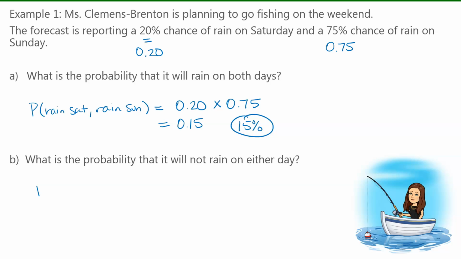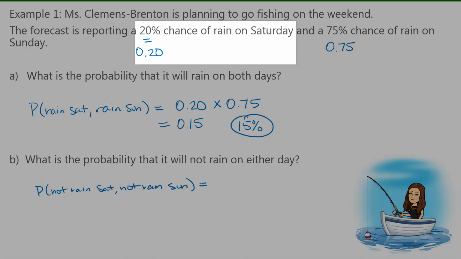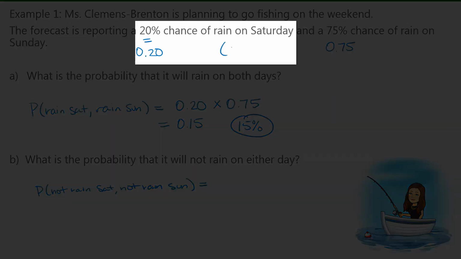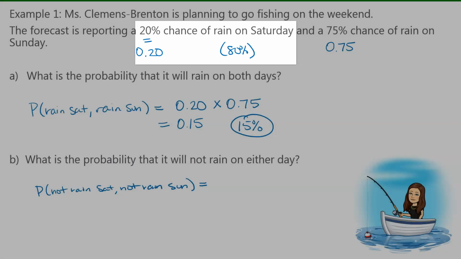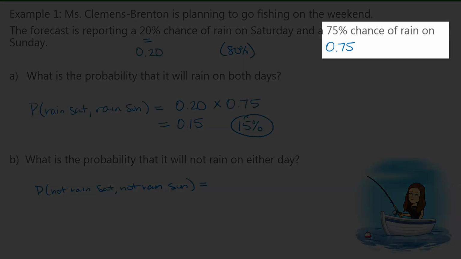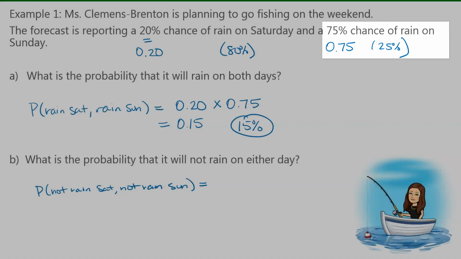We write the probability of not rain on Saturday and not rain on Sunday. If there's a 20% chance of rain on Saturday, that means there's an 80% chance that it won't rain. And if there's a 75% chance of rain on Sunday, then that means there's a 25% chance that it won't rain.